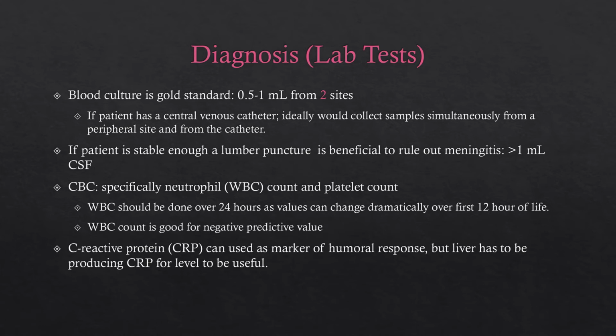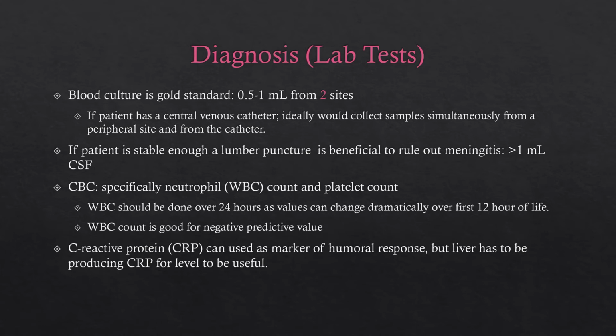And then when looking at CBC and specifically white blood cell count, this is a really good predictor when we're looking at neutrophil count. Not the leukocytes or total WBC, but just neutrophils is a good predictor for sepsis.